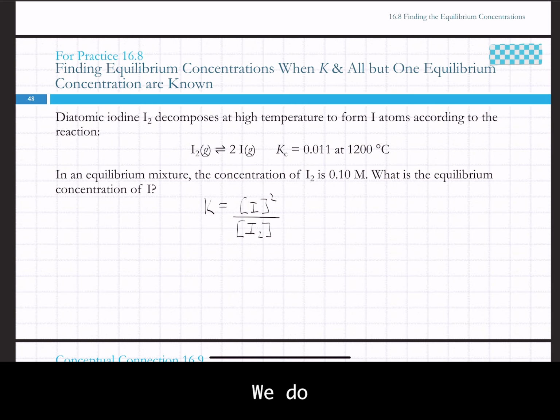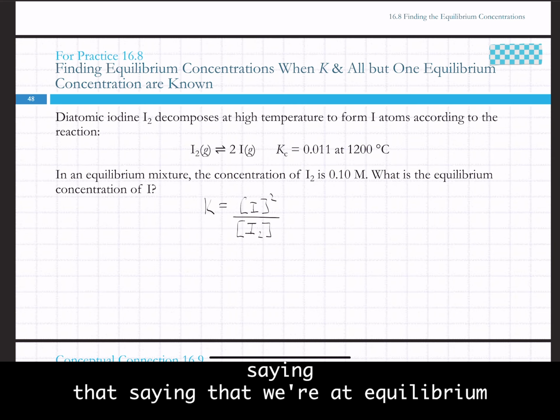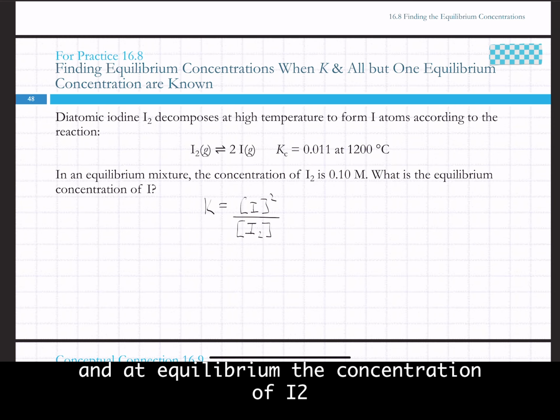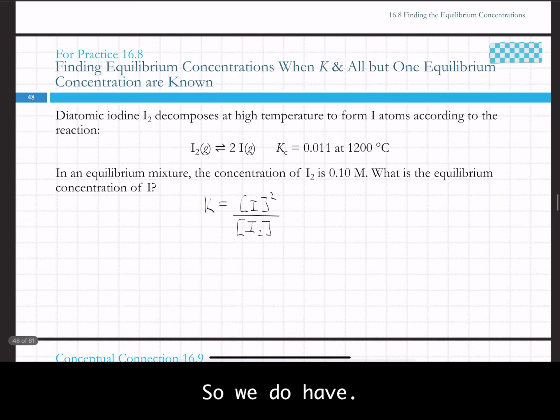We do. A little bit tricky, because it says in an equilibrium mixture. So that's saying we're at equilibrium, and at equilibrium, the concentration of I2 is 0.10 molar.